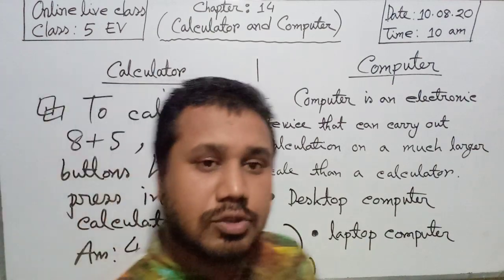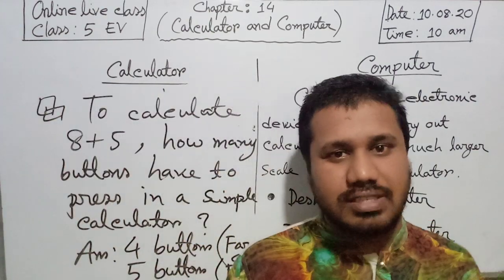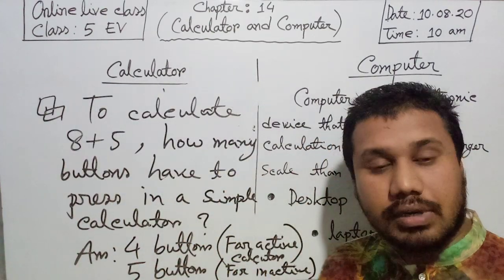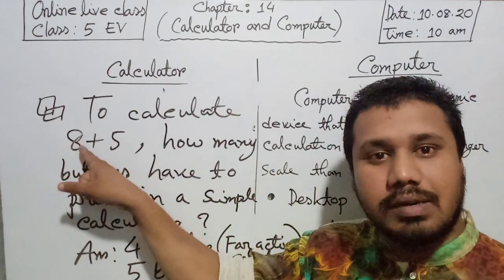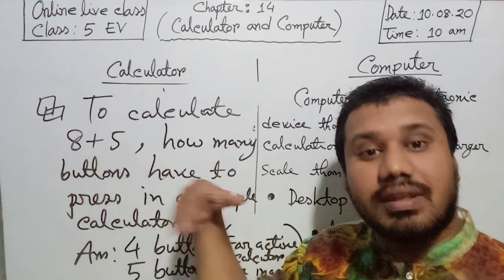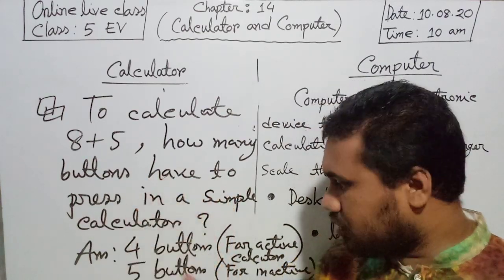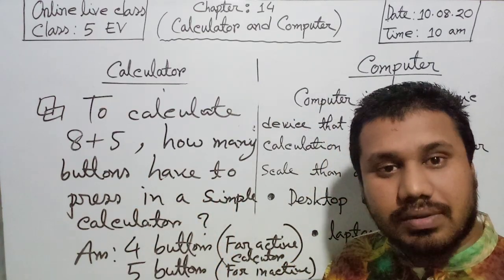For an active calculator it is not necessary to press the ON or SC button, but for an inactive calculator at first you have to press the ON or SC button, then press 8, then plus, then 5, then the equal sign. Clear? So this will be 5 buttons.